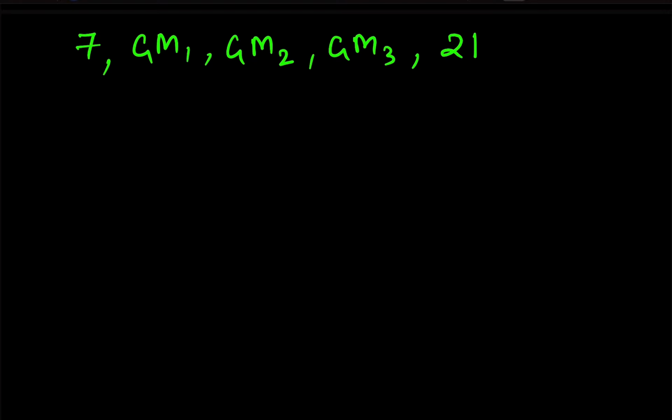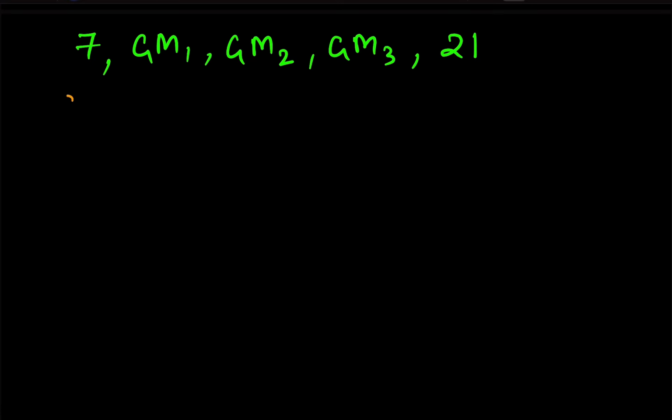Let's see one more example. Suppose you are asked that 7 is the first term and you have to insert three geometric means in a sequence between two numbers. So suppose GM1, GM2, GM3, and the last number is 21. How will you do these types of problems? It is not very easy.